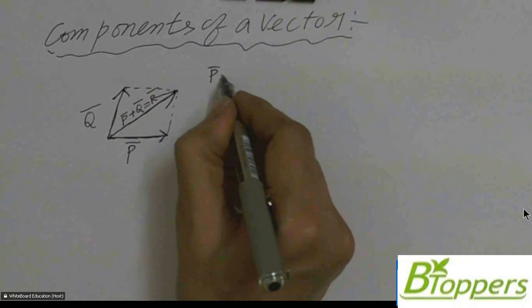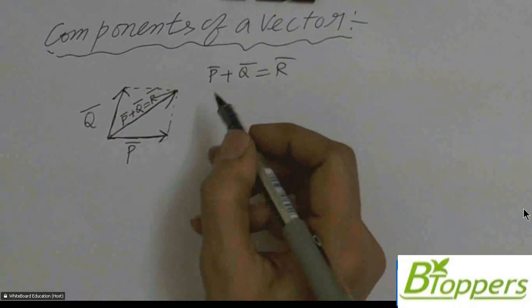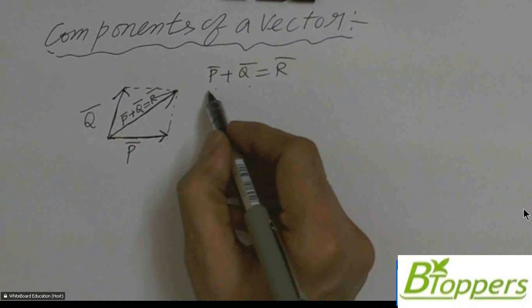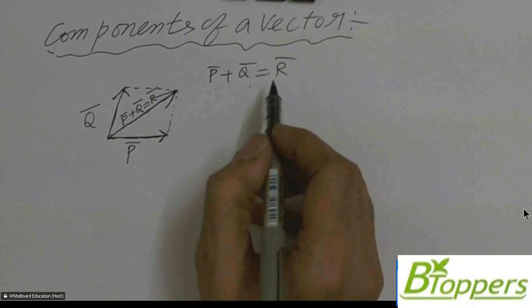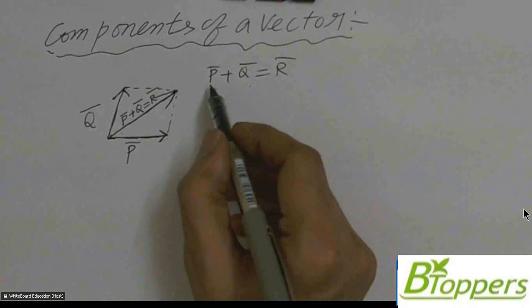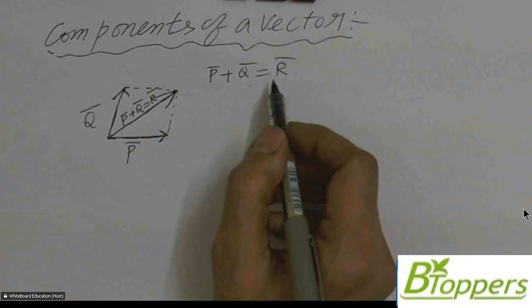We can write p bar plus q bar equal to r bar in the figure. We can call p bar and q bar the component vectors of vector r bar.